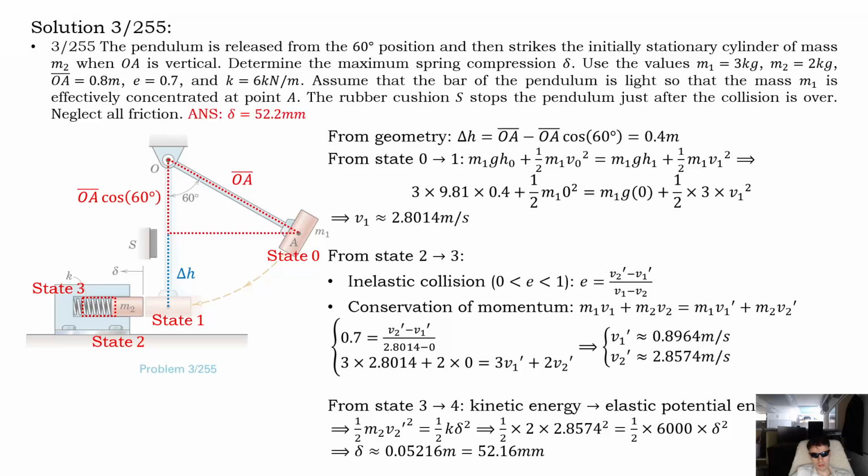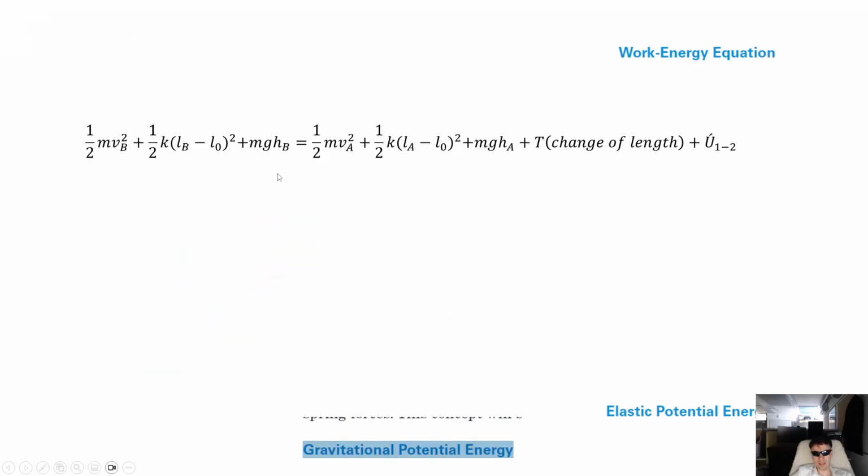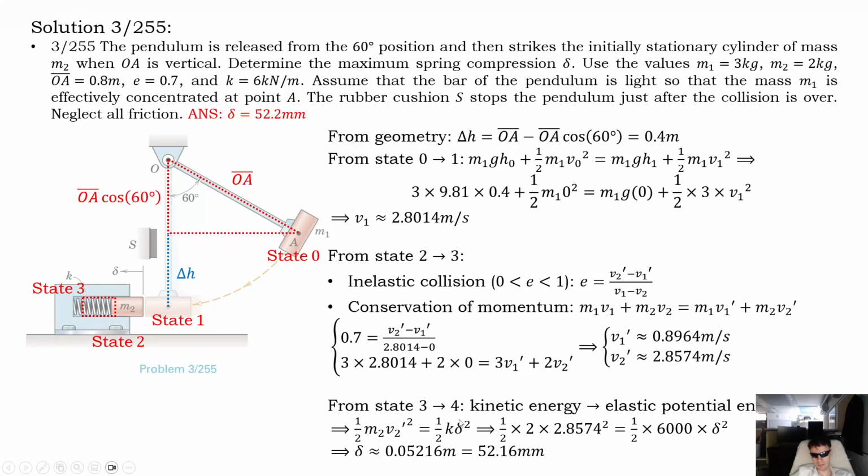So the velocity of M2 will be 0 at state 4. And what about the spring? The potential energy is one over 2 k delta L squared, where delta is exactly L B minus L0. Let's show this by delta here.